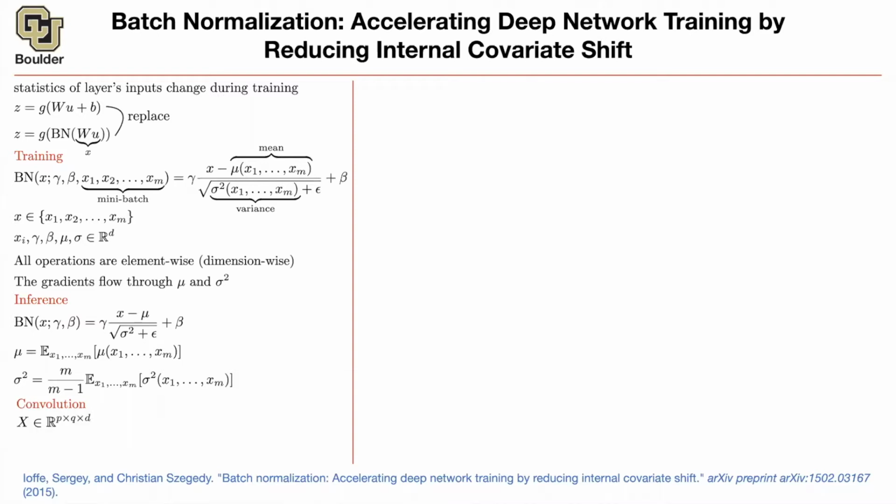For convolution, the input X is going to be a tensor. It's going to have P pixels in the X dimension, Q pixels in the Y dimension, and you're going to have D channels or D filters.